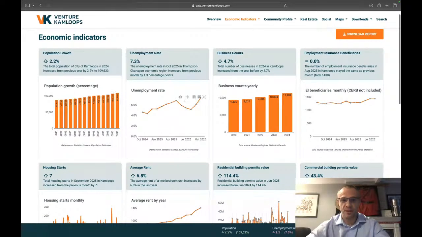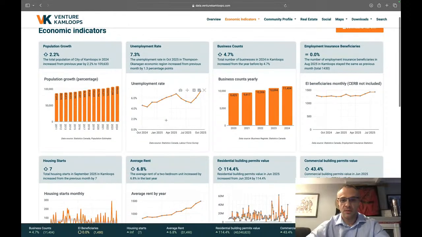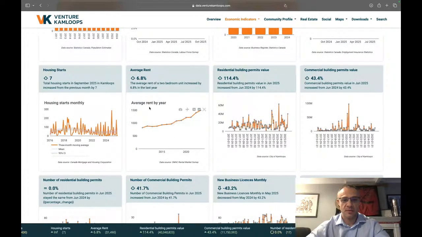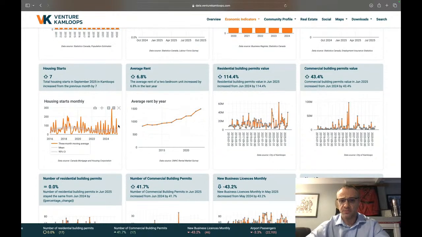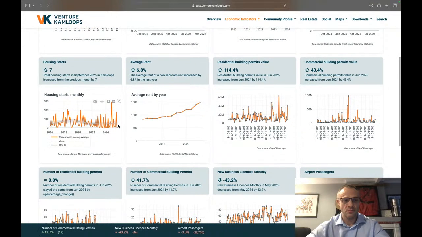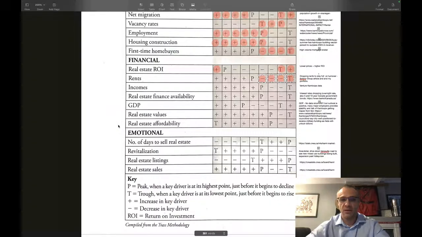There's the unemployment rate, but we do have some data that thankfully has been put together by Venture Kamloops here. Let's take a look.